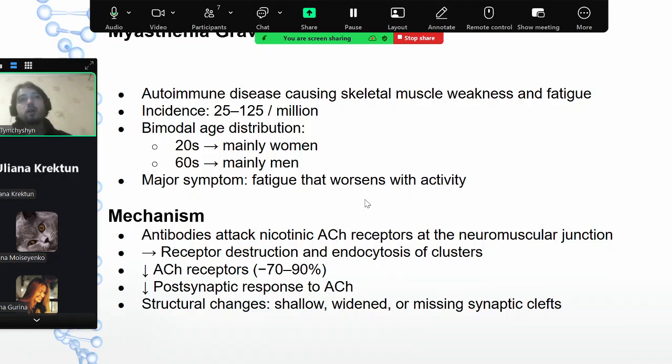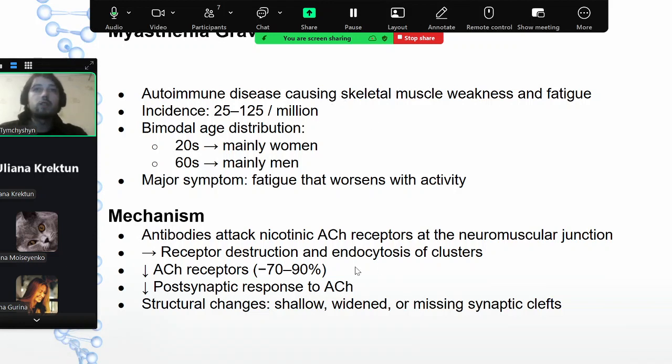What's the biochemical mechanism? The antibodies attack nicotinic acetylcholine receptors at the neuromuscular junction. So that's autoimmune. That's when your own immune system starts recognizing something from the organism as a threat, and that's really no good.